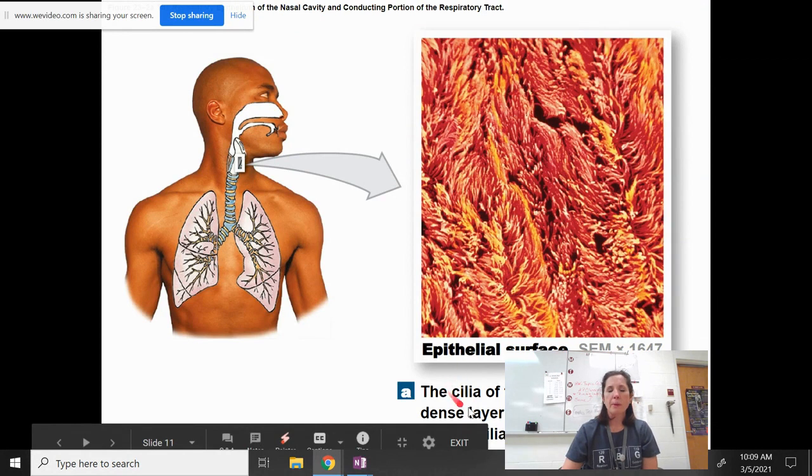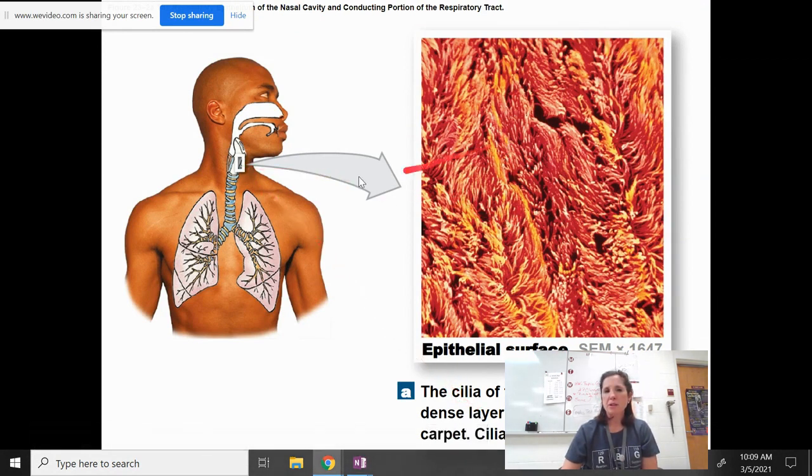Just to show you a picture, here is cilia. I wanted you to know about the cilia cells. These are going to be in your trachea, and they are really important. It kind of looks like shag carpeting, and this helps sweep debris, dust, anything foreign up, so it doesn't get into the lungs.